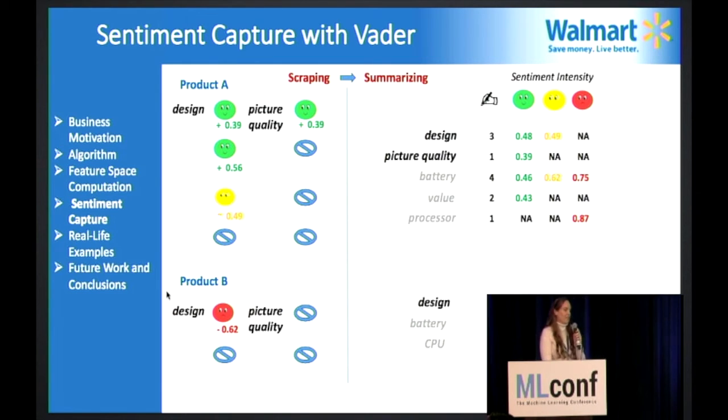It's not that large, but if you look at all the different flavors, it looks like nobody said anything bad about it, and they were spread between neutral and positive. On the other hand, if you look at processor, only one person mentioned the processor, but they really had bad things to say about it because the intensity of the negative sentiment for processor is really, really high. And again, I want to get the same kind of results for all my products.